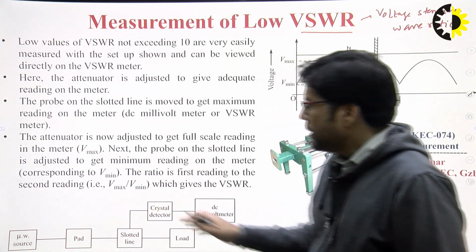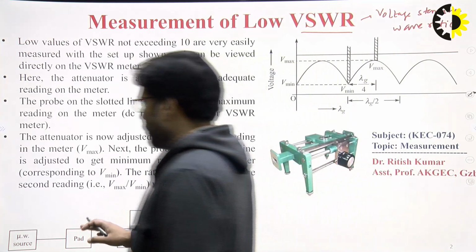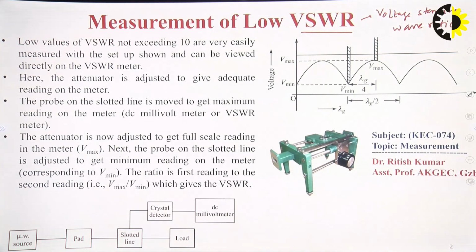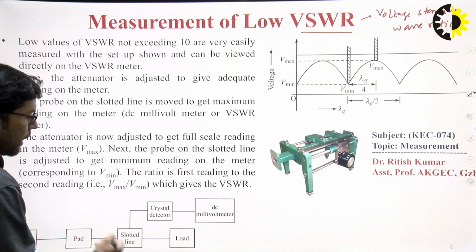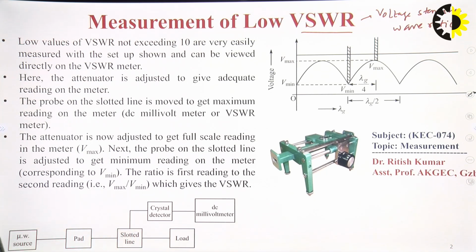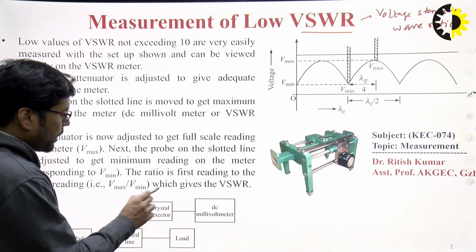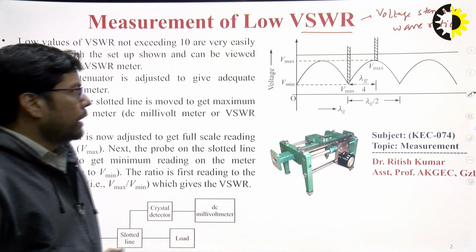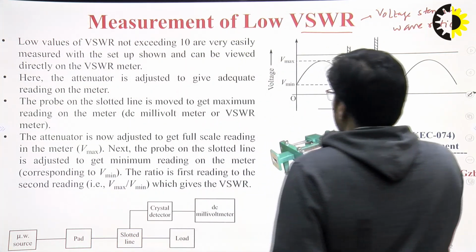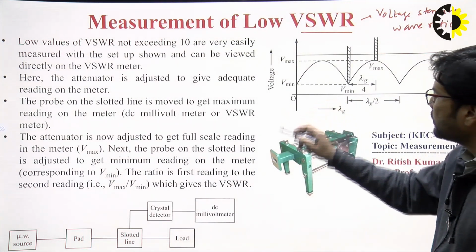You can see this is a microwave test bench setup. Here we can focus on the slotted line section, and with the help of the detector we can detect the power as well. This is a slotted section waveguide.